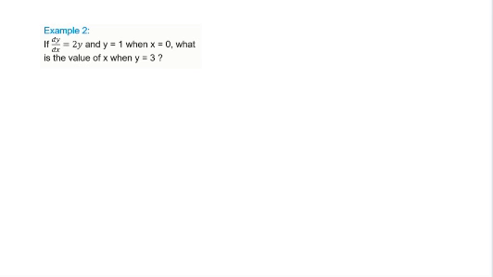Now this one doesn't mention a whole lot about something growing exponentially, but it does have this situation: dy/dx equals 2y. And if you remember what we just came up with, y equals c e to the kx. We got it from dy/dx equals ky.